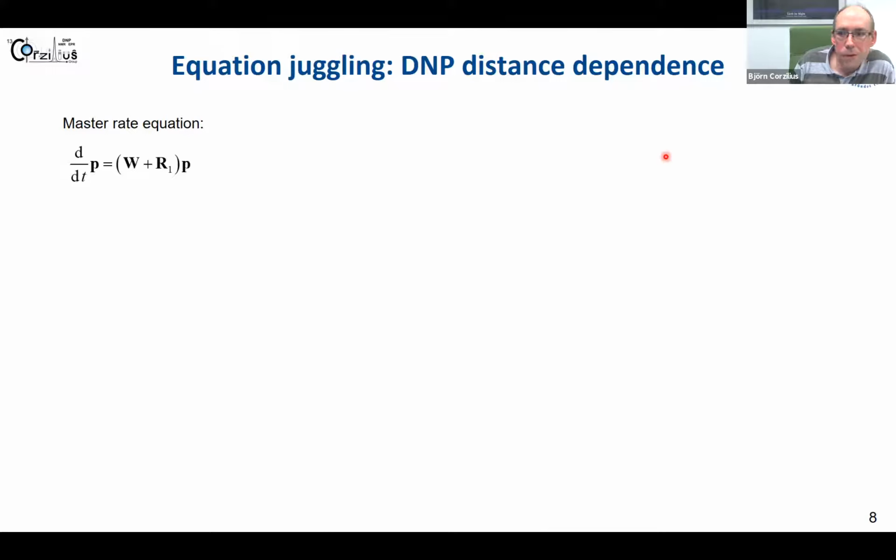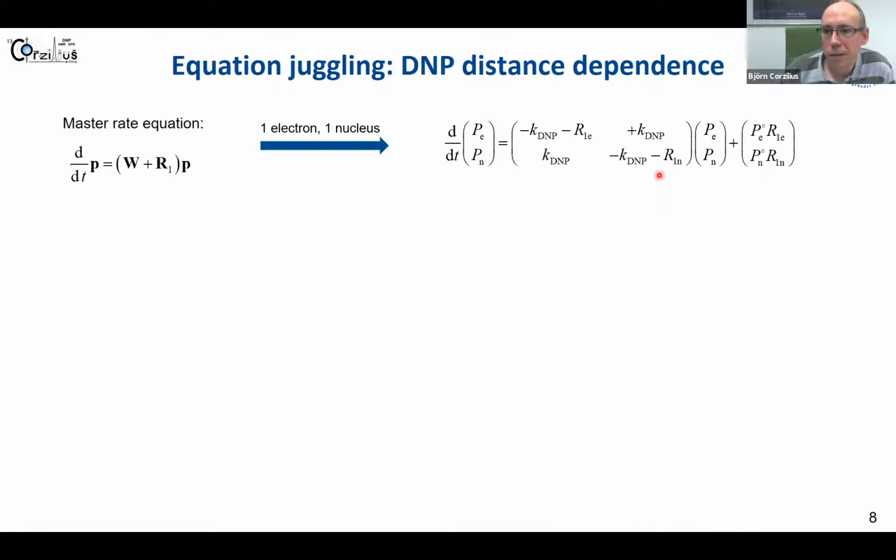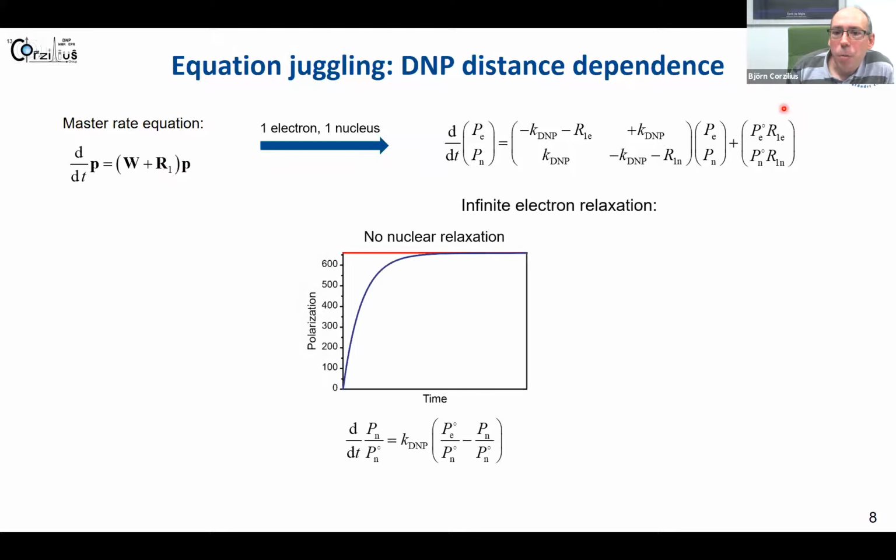So now I will spend a few minutes on the theoretical distance dependence. The theory behind this is not too complicated, but I still want to walk you through because we do find some probably non-intuitive results here. So if we start from the master rate equation, where you can follow the polarizations of all the spins in our system by looking at a rate matrix, so a transfer matrix, and a relaxation matrix, and we apply this just to this 1 electron, 1 nucleus system relevant for solid effect, we can look, for example, at different relaxation scenarios where we have no nuclear relaxation, but infinite electron relaxation.